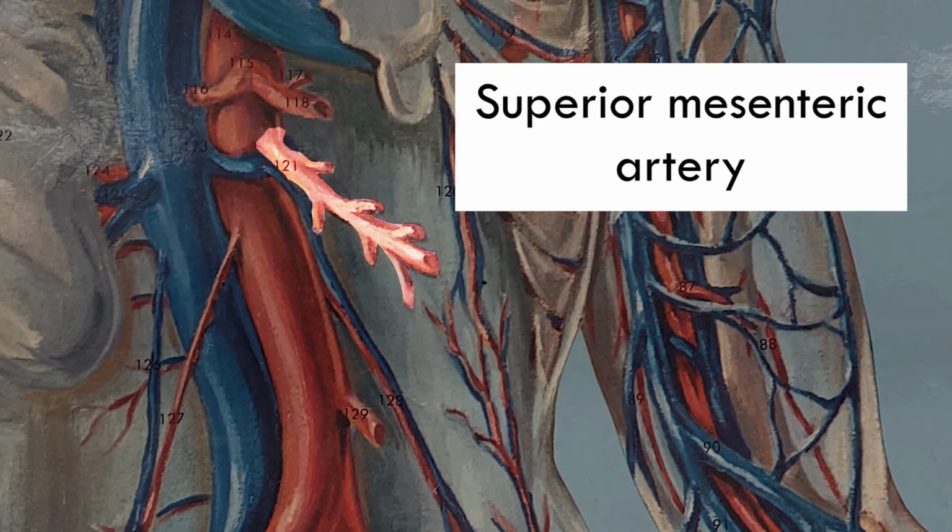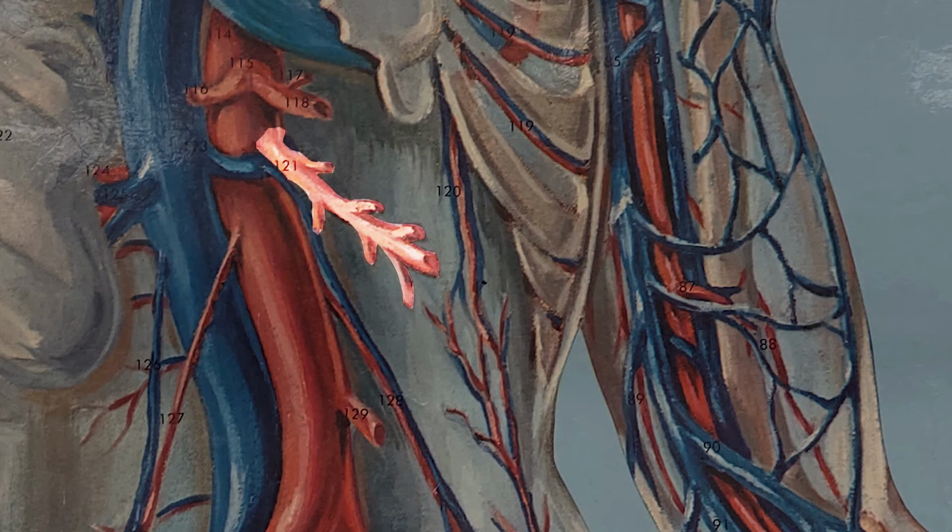The superior mesenteric artery, as you see, comes out like this, and then it throws off a whole bunch of little branchlets. Okay, so it turns out that the superior mesenteric artery branches into arteries that bring arterial blood to the small intestine and to the right half of the large intestine, which would be over here.